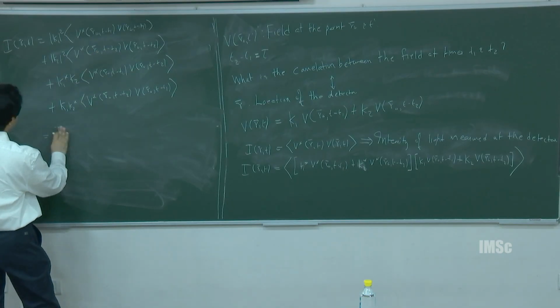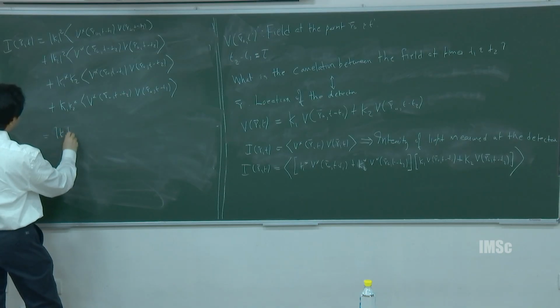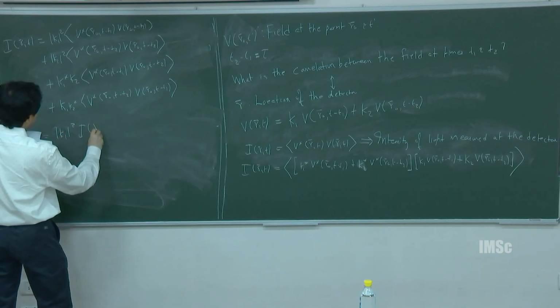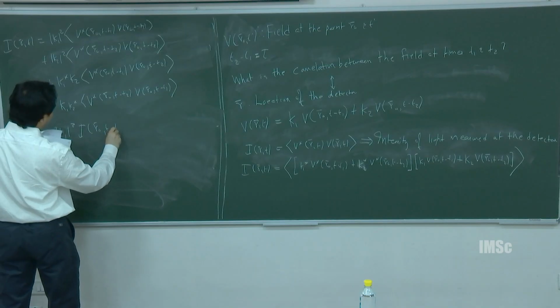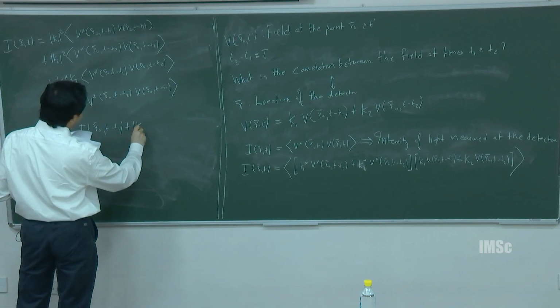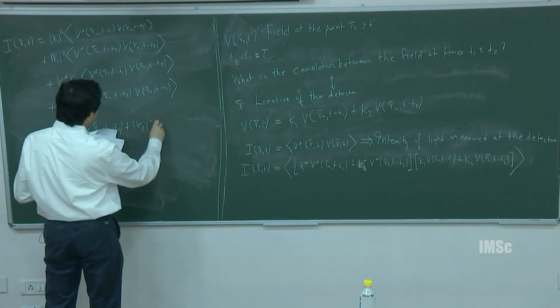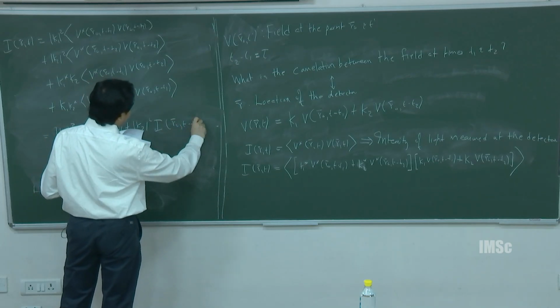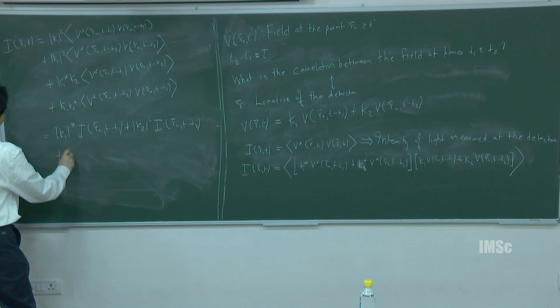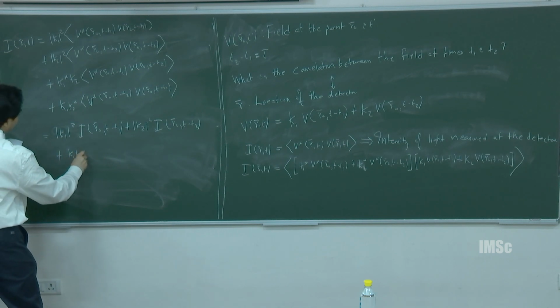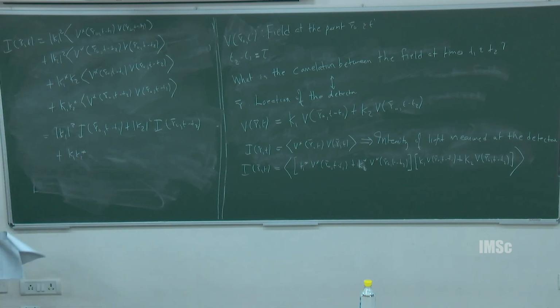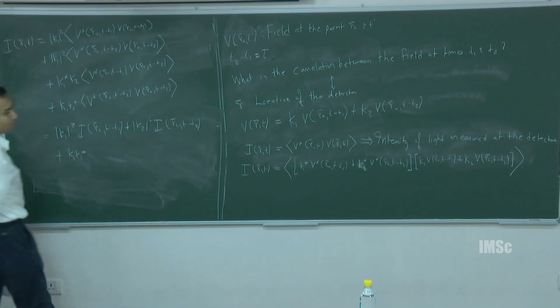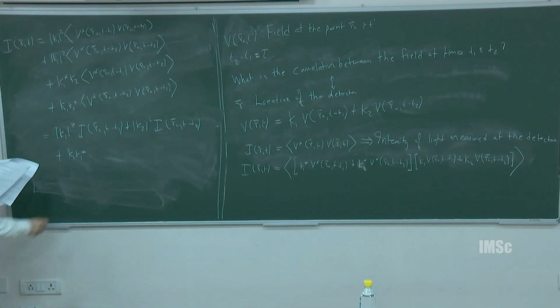So now you can see that the third term is nothing but the cross correlation function of the field at these two times, t minus t1 and t minus t2.